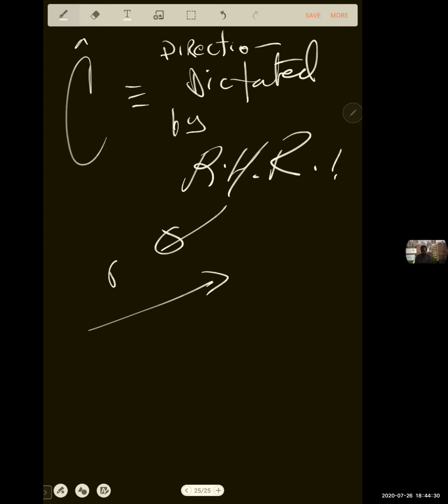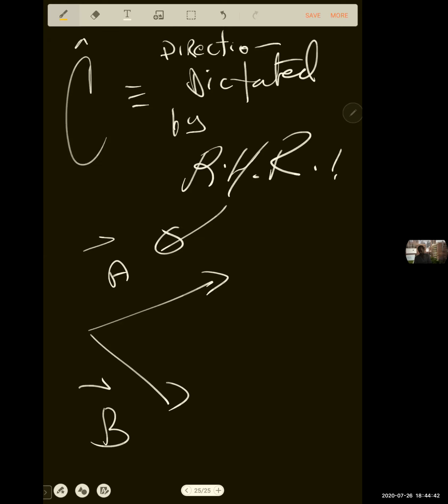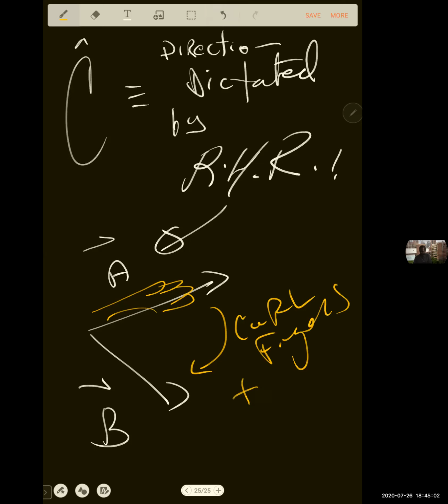Given any two vectors, A and B, the right-hand rule says you take your right hand, you place your fingers along the first vector, A, and curl your fingers towards the second vector, B.